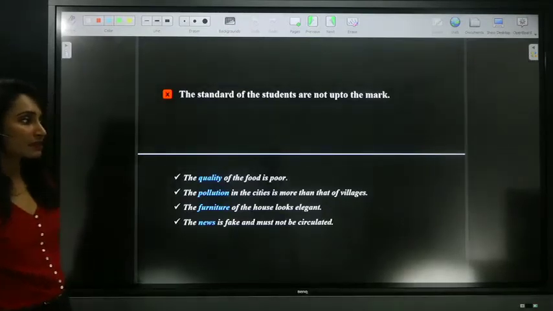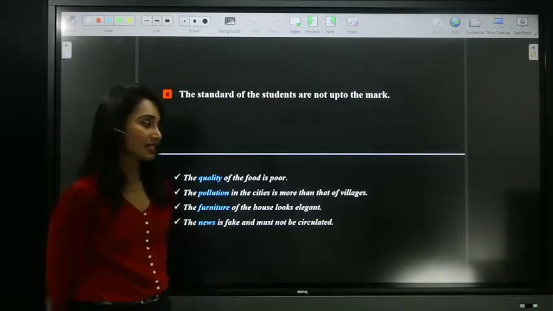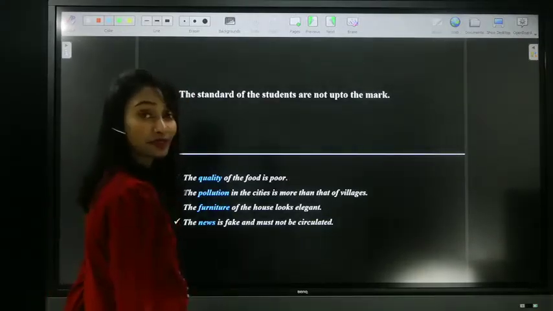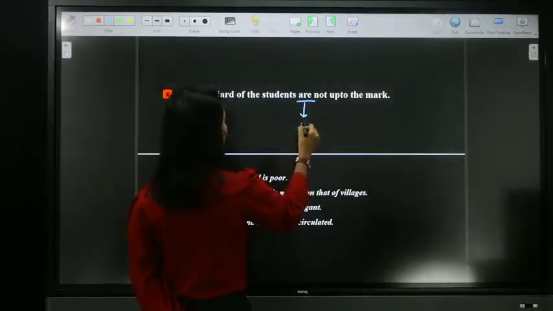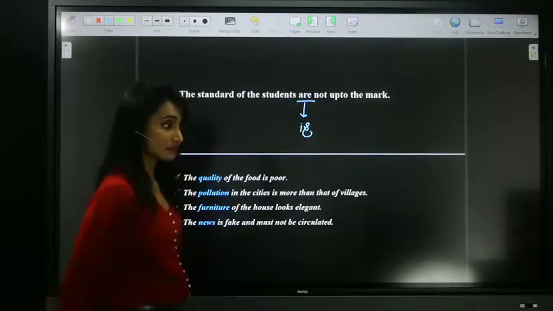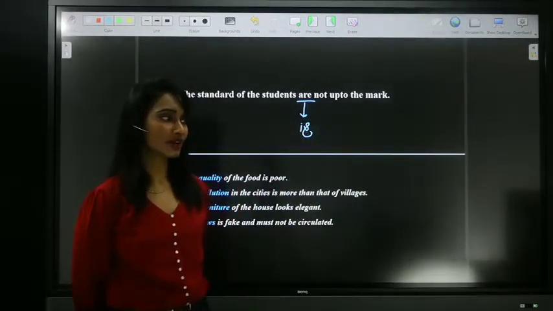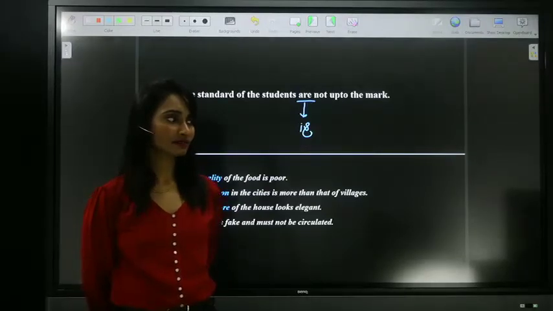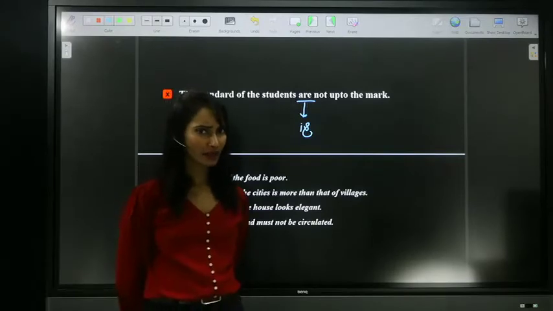Good, Swapna, you're correct. So the standard of the students is, because why? Why is? Why not are? Yes, Kartikeyan, you're also correct. But why is? Why not are?